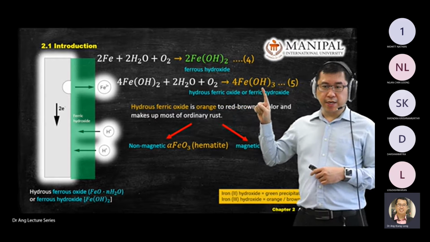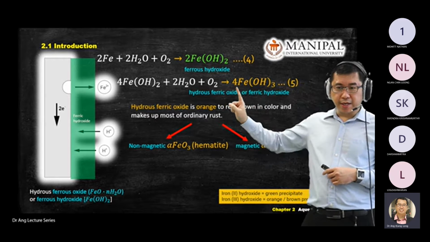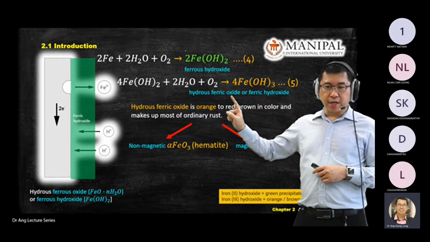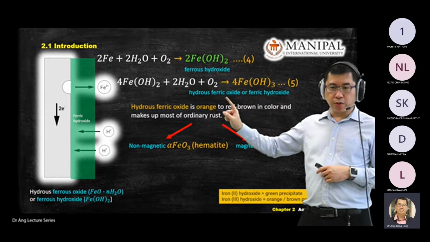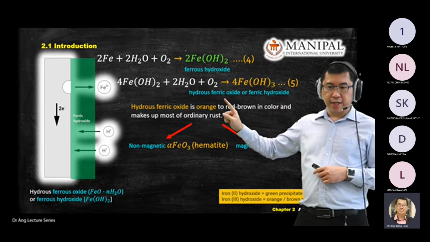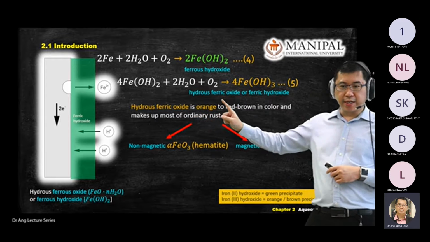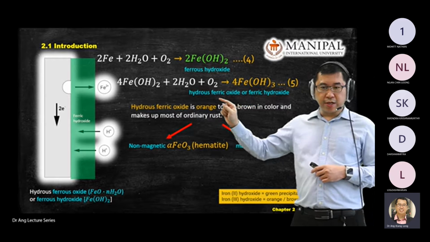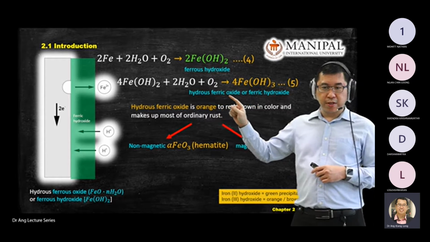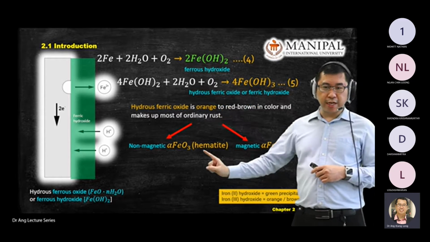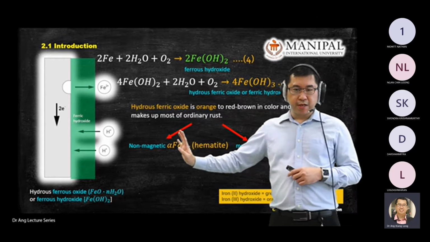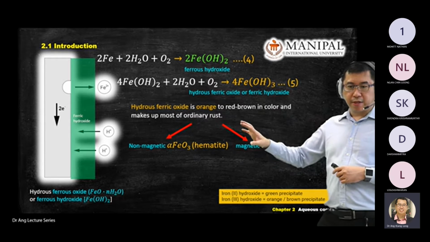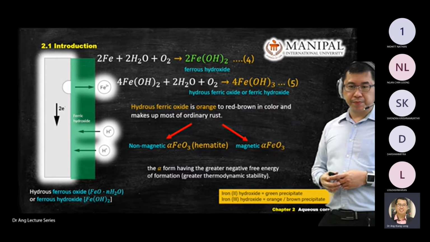Inside this ferric hydroxide, again, it can interchange, it can change to ferric oxide in the solution, then it can come back to this one. So when it changes to the hydrous ferric oxide condition, you have two: one is non-magnetic, one is magnetic, in characteristics, right?